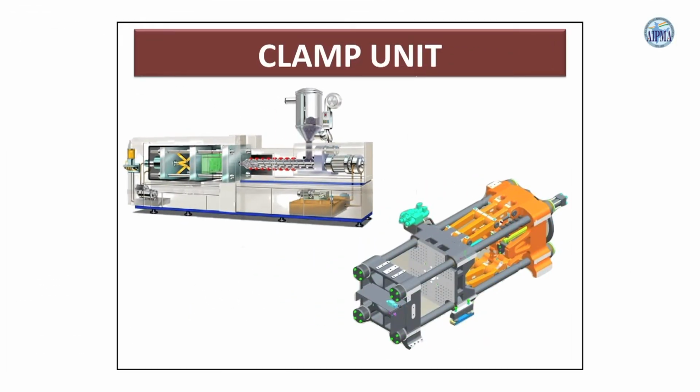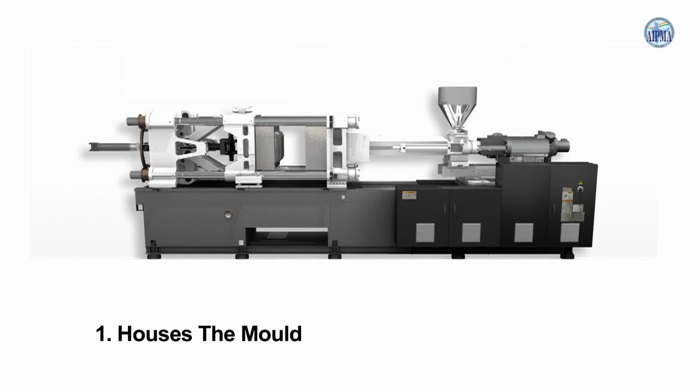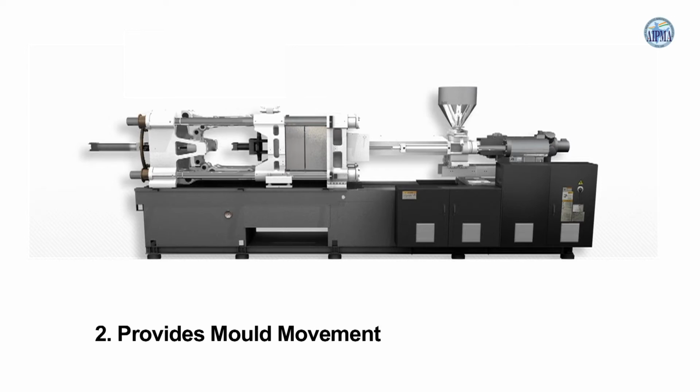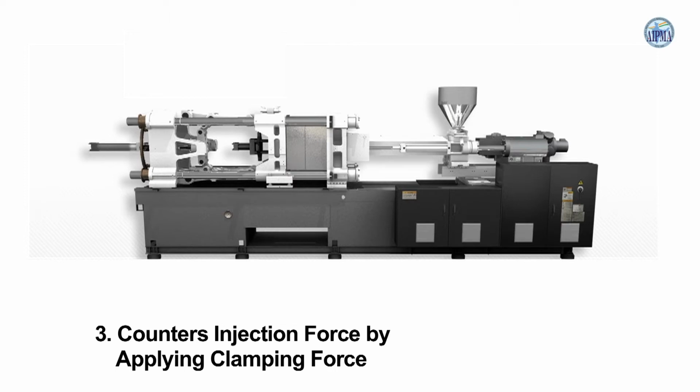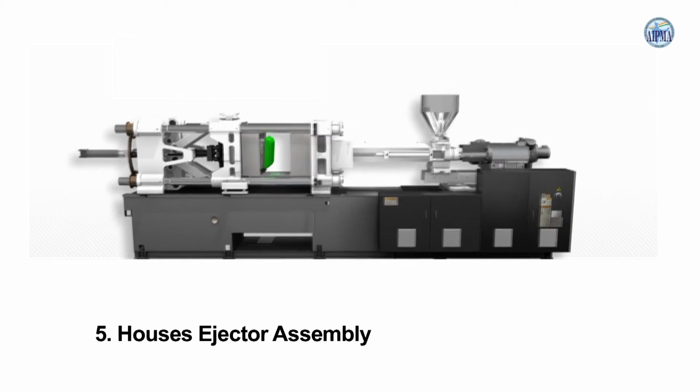Let us look at the clamp unit. Function of clamp unit: houses the mold, provides mold movement, counters injection force by applying clamping force, opens mold, houses ejector assembly.